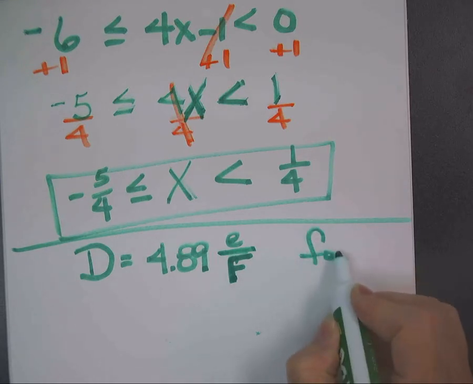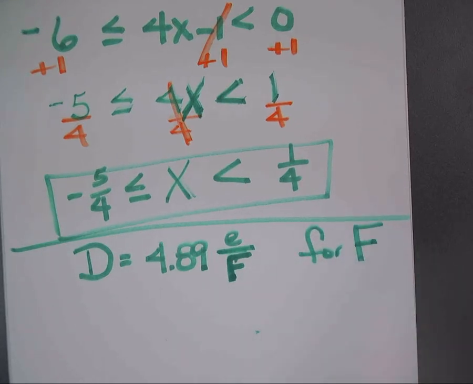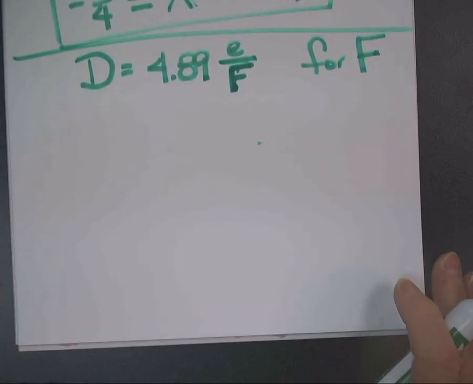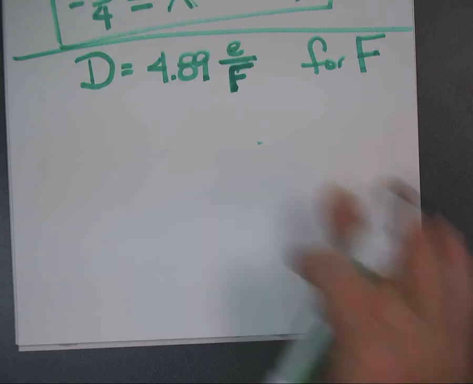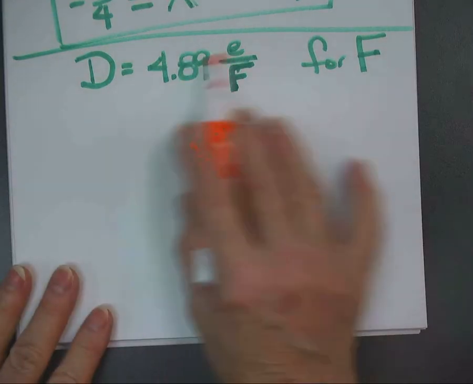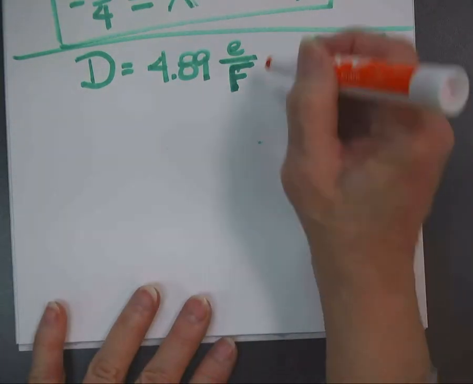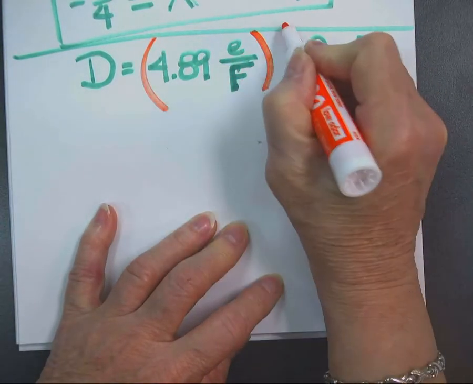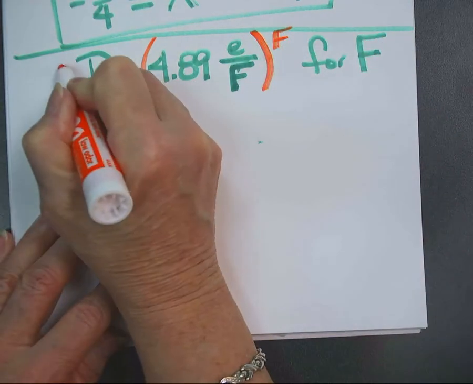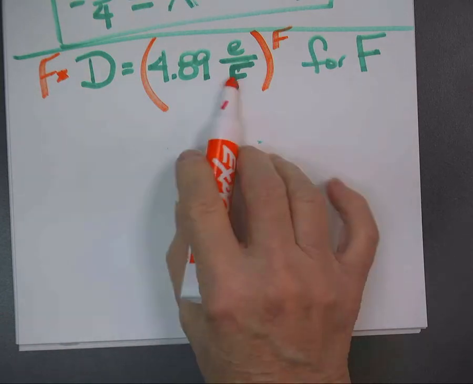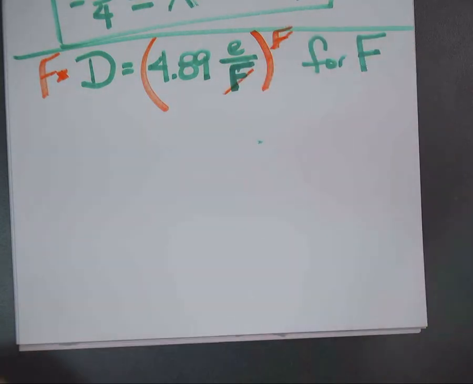Solve this for F. We could get rid of this fraction first if you'd like. I like to get rid of fractions first, unless there's a plus or minus here. So let's multiply both sides by F. That will get rid of this F right here.